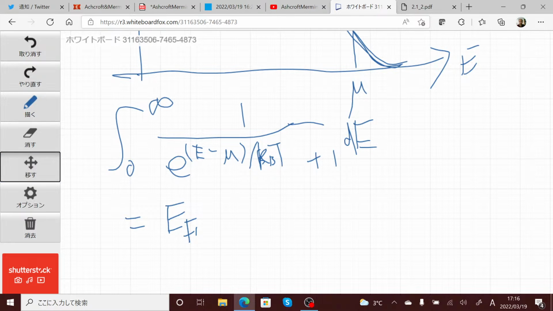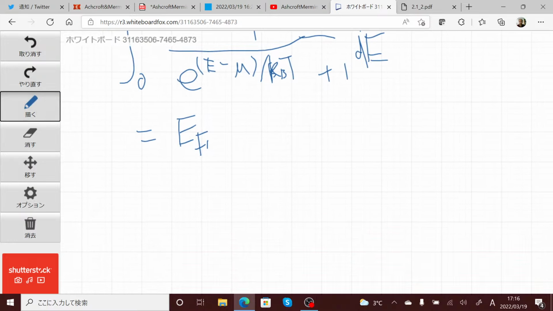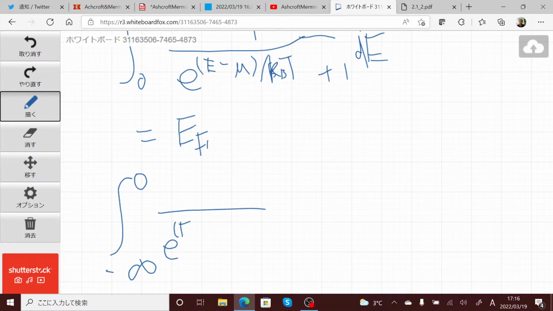Can we calculate something like this? Can we calculate from minus infinity to 0 exponential e minus mu divided by kbt? Let's try some approximation. Plus 1.